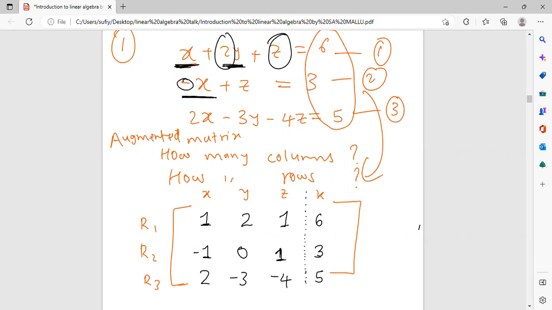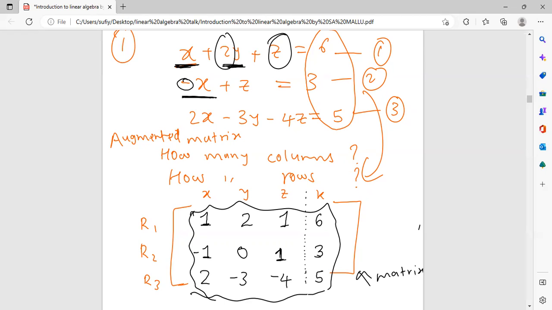A matrix, as we said, is a rectangular array. Inside the matrix, we have the entries, which we call the numbers, in other words, real numbers. In your case, we're considering real numbers, okay? So this is an example of a matrix as well. And since we're involving the constants k, we call this an augmented matrix.